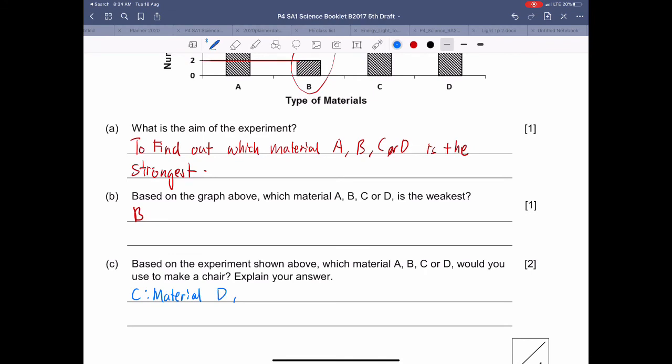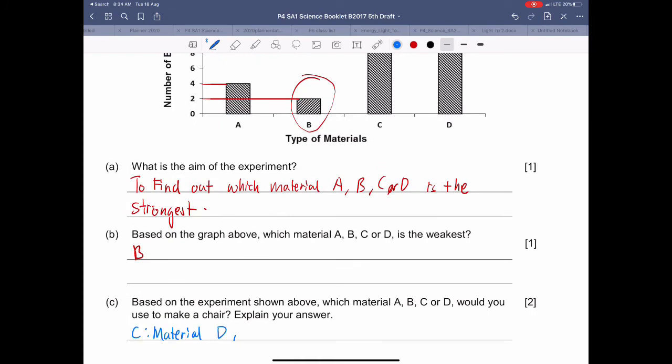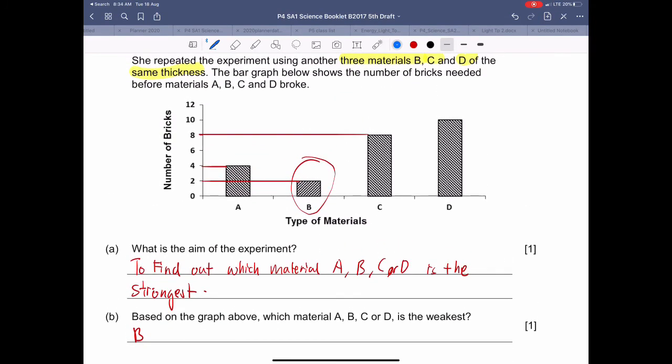Then the next thing is, why? If you take a look at it, it actually required the most number of bricks before it broke. You have to quote it exactly. You cannot just say it is the strongest.